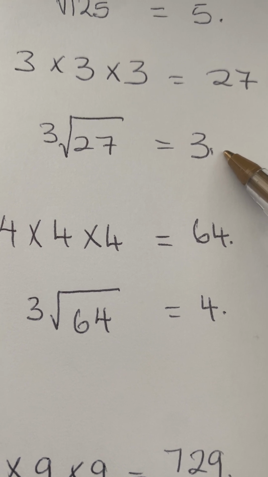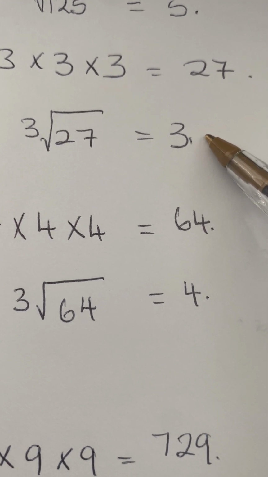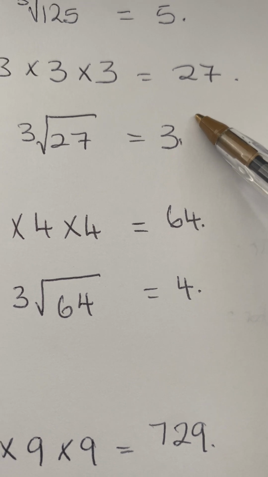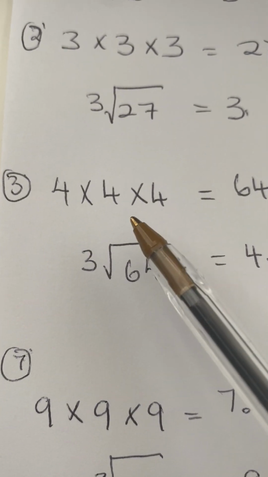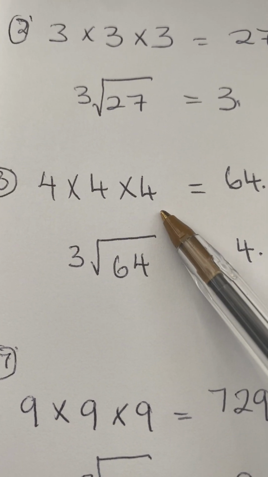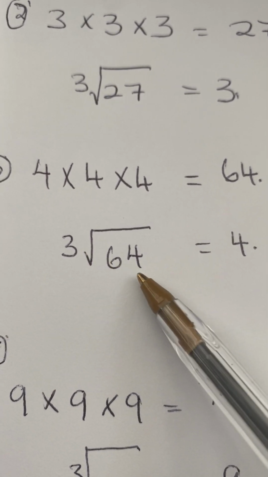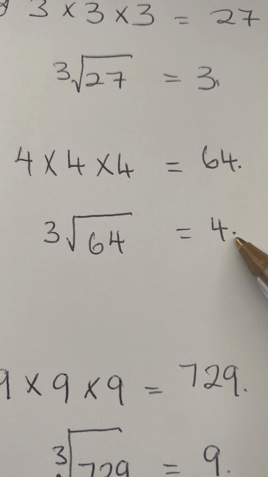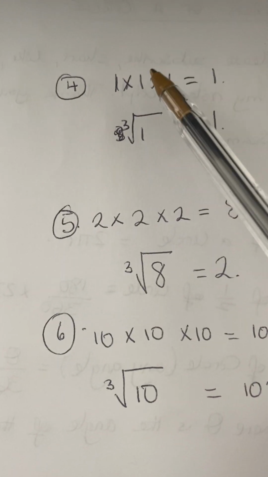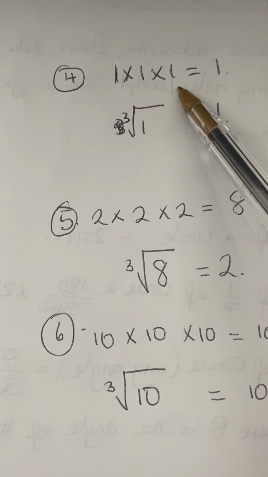I want you to go away and think about this. 4 times 4 times 4 is 64, so the cube root of 64 is 4. 1 times 1 times 1 is 1.